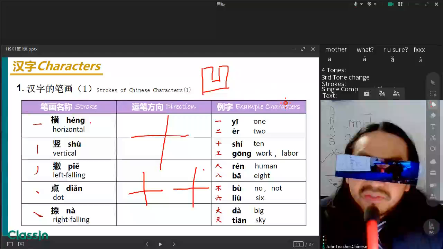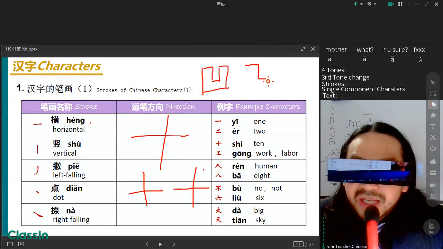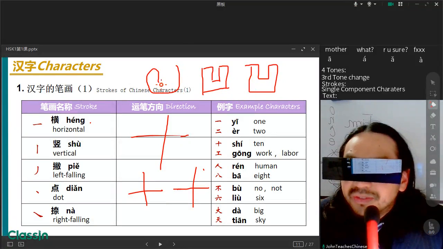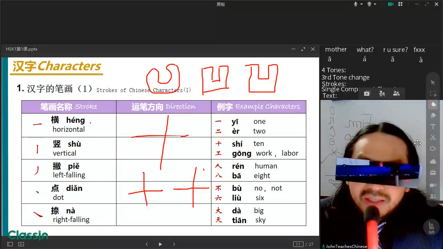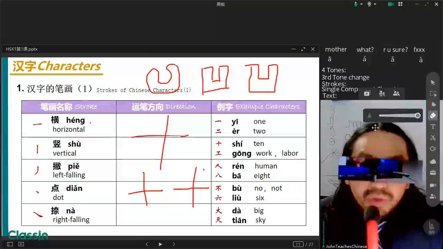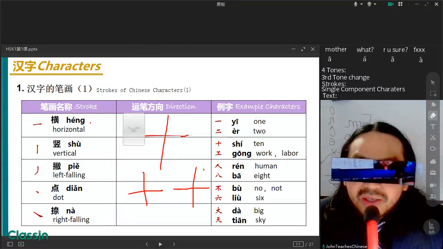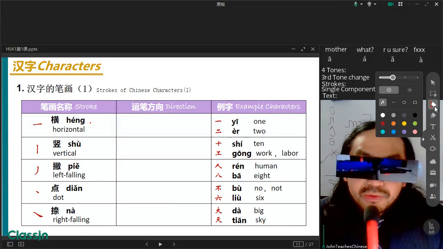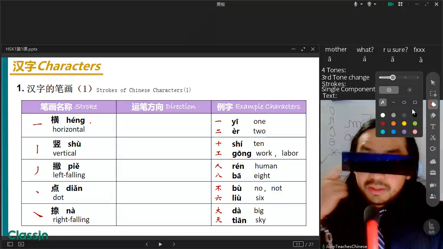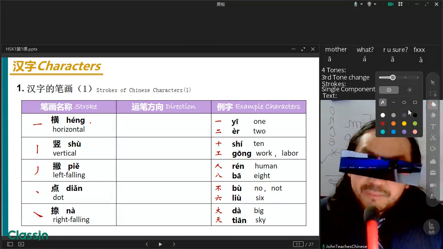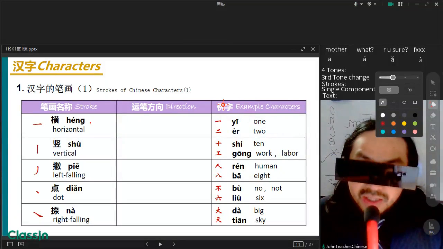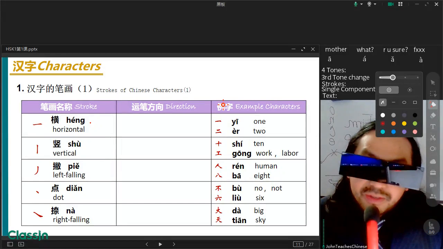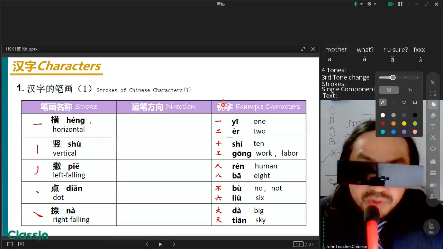The foreigner can write it in many kinds of ways. Okay, the strokes have a different sequence. You have to follow it. It's better to follow it at the beginning, because when you are writing kanji, if you do not follow the sequence, it's very unlikely for you to write it beautifully.